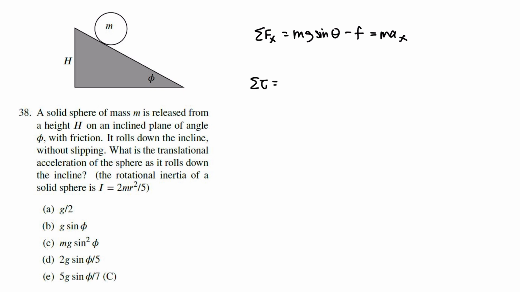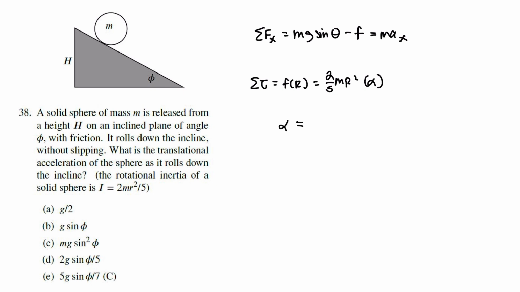And then for torque, we have f times r is equal to 2/5, sorry, it's a solid sphere, 2/5 mr squared times alpha. Normally, they'll give you those rotational inertia values. What we want to do in this case is solve for alpha first, the angular acceleration.